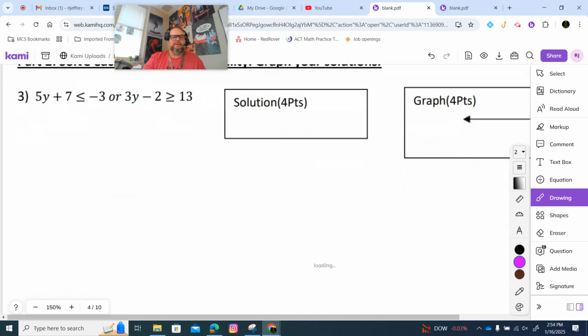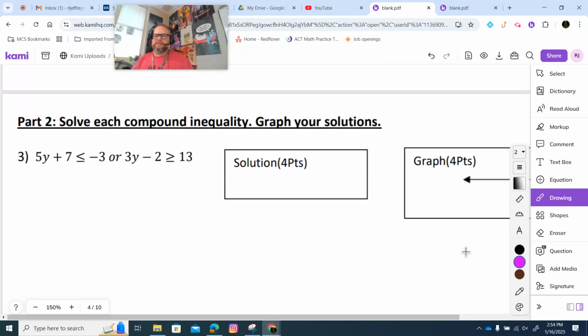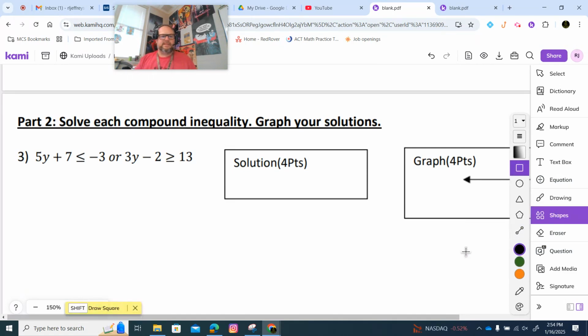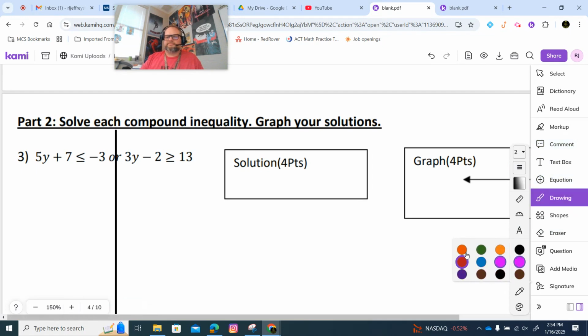All right, number 3. We got lots of things going on right here. Now, remember, we're trying to get this by itself. This is like steps 4 and 5 of what we were doing above in part 1.